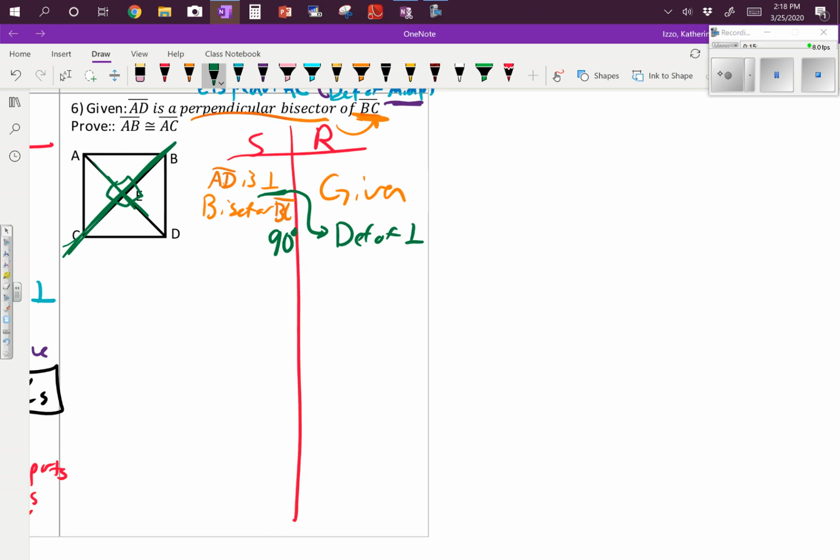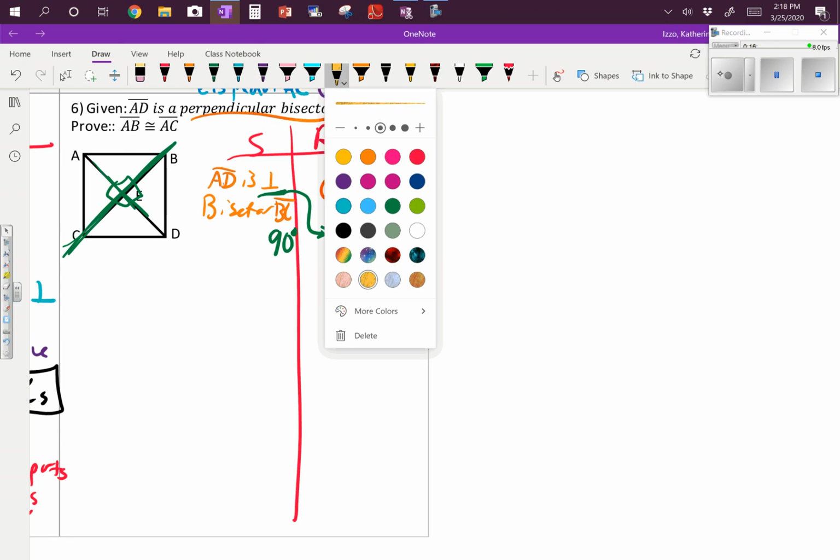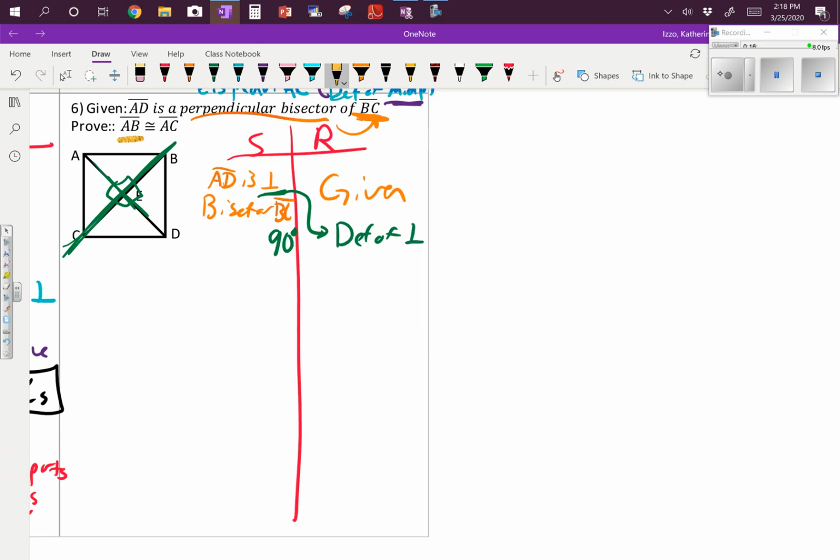I want to prove AB, so that's this, is congruent to AC, is this. Okay, if I want to prove those two sides, I'm probably not going to use the top triangle and the bottom triangle. I'm probably going to want to prove this triangle and this triangle. So I'm going to stick to just those angles.